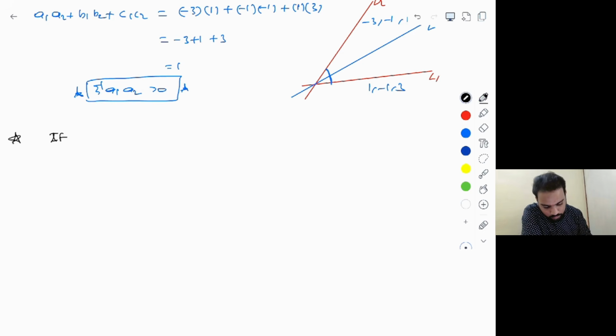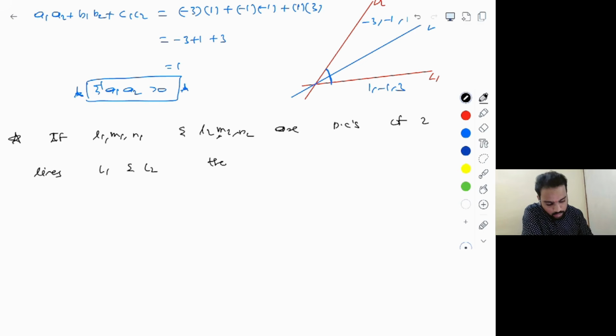If l1, m1, n1 and l2, m2, n2 are the DCs, be very careful, they are the DCs of two lines L1 and L2.